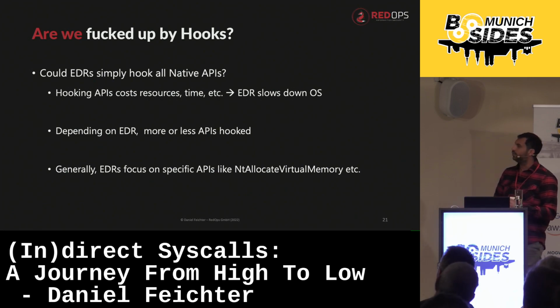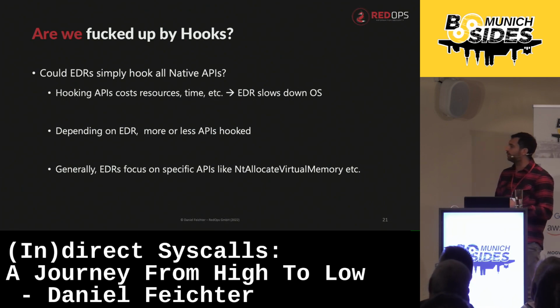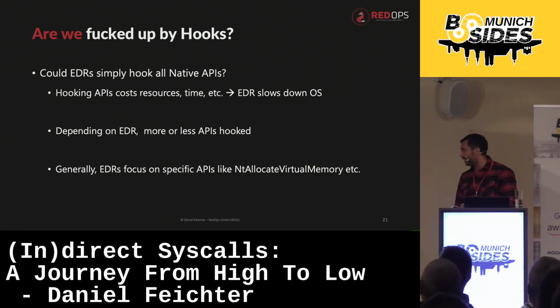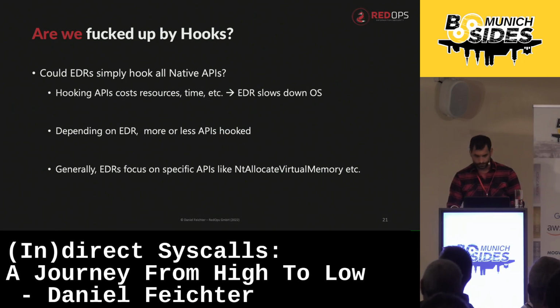This is simply a resource problem, costs time, and would slow down the operating system. Generally, when you analyze an EDR, you will see that they mostly focus on API calls which are heavily abused in malicious contexts, like NtAllocateVirtualMemory and similar API calls.